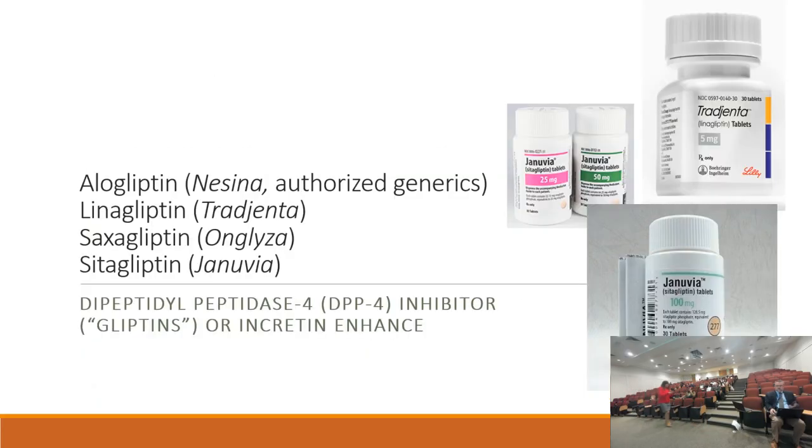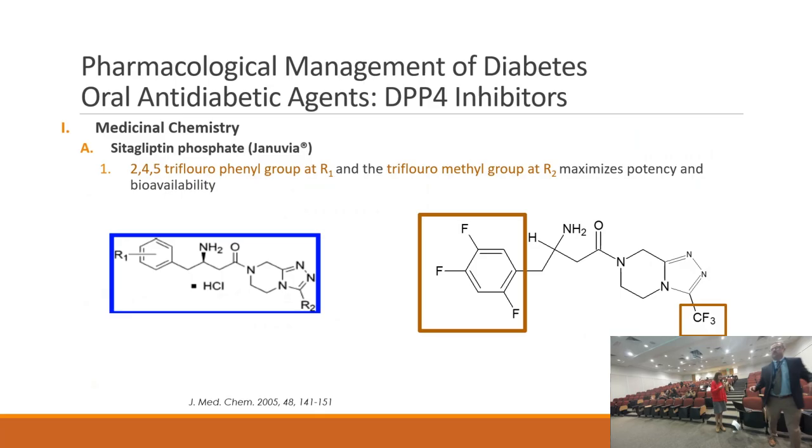All right, so moving on to DPP-4s, our gliptin agents. I have two examples in this category that I want to talk about that are similar but have some differences in terms of their chemistry, which contributes to their effects.